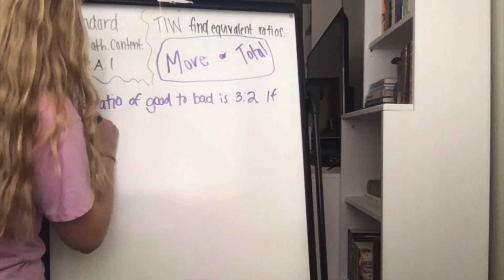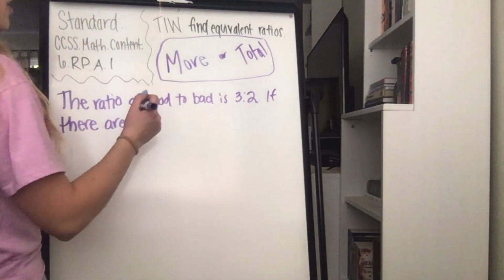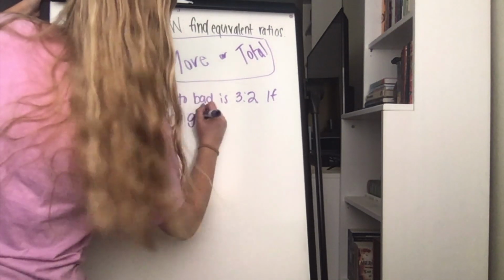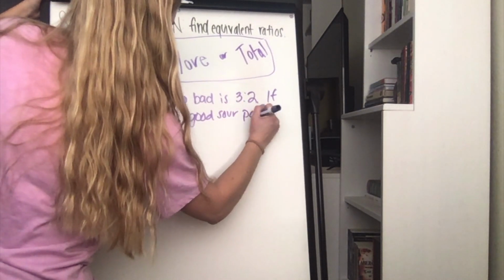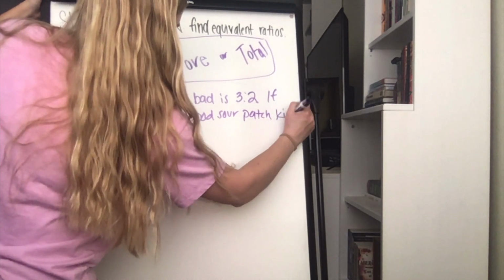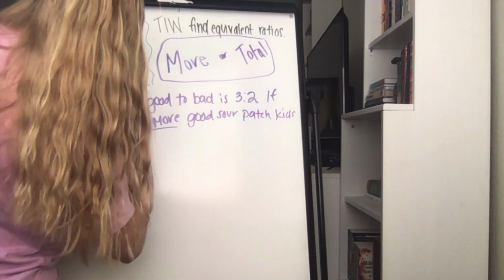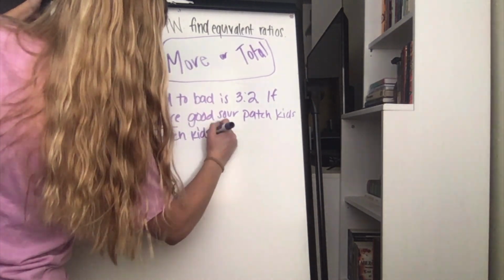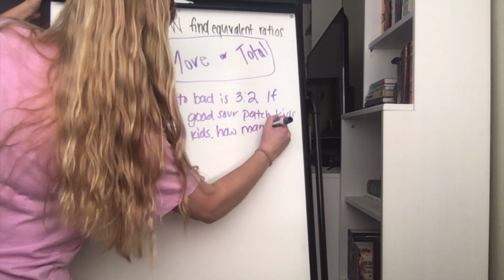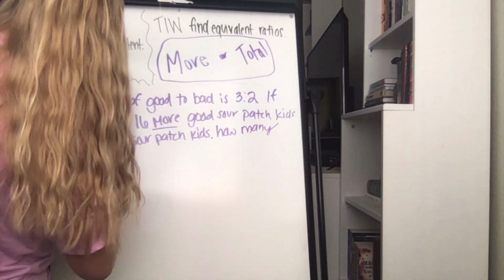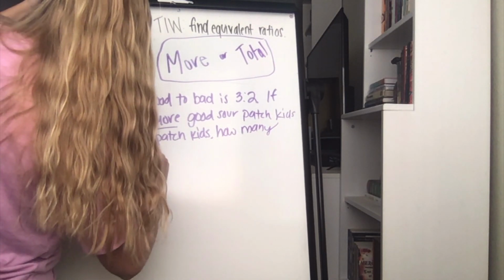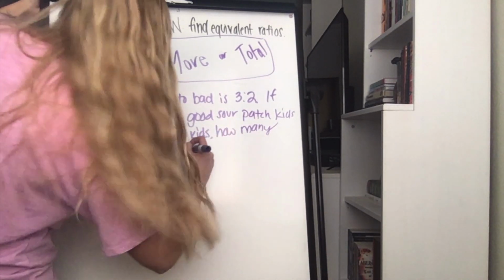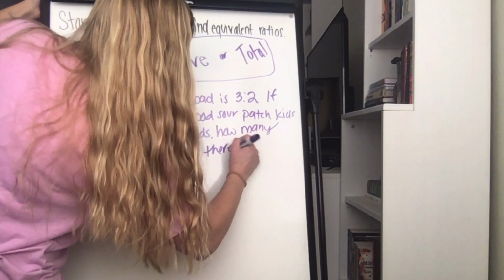If there are 16 more good Sour Patch Kids than bad Sour Patch Kids, how many good and bad Sour Patch Kids are there? That's so much funnier. I'm gonna leave that.